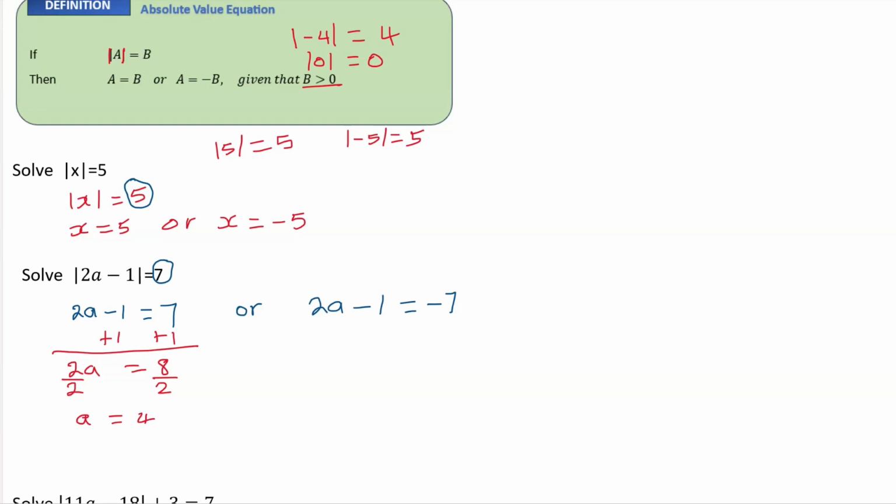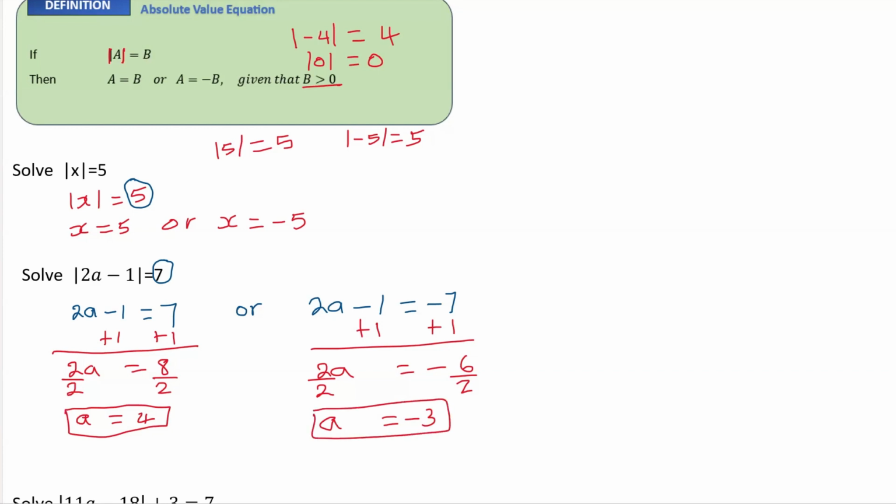Same thing on the other side: you add 1 to get 2a is equal to negative 6. You divide both sides by 2 to get a is equal to negative 3. So the two solutions are a equals 4 and a equals negative 3.